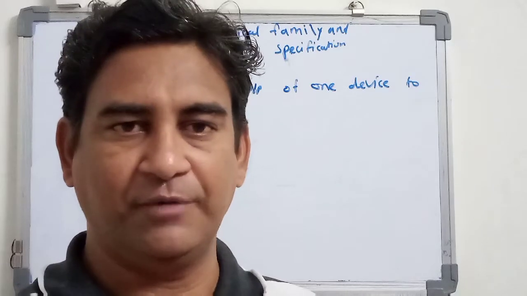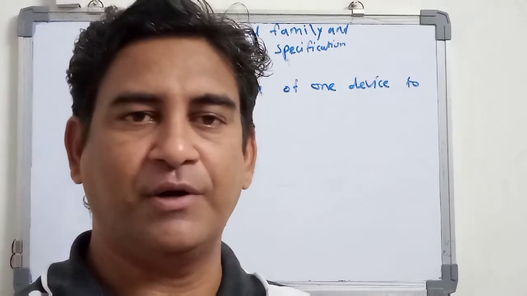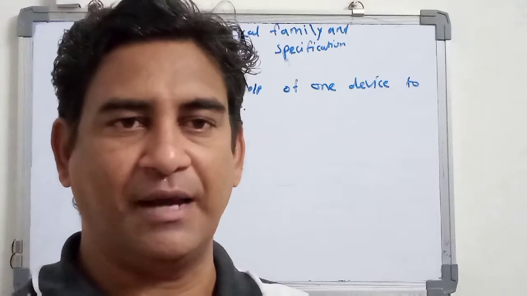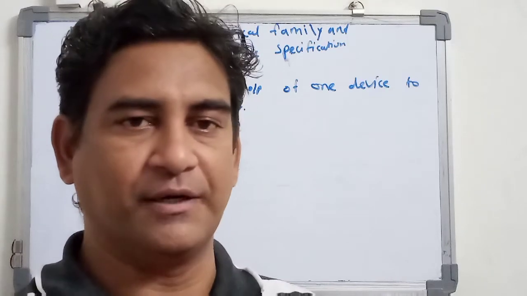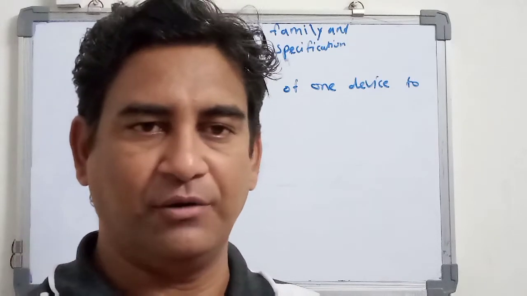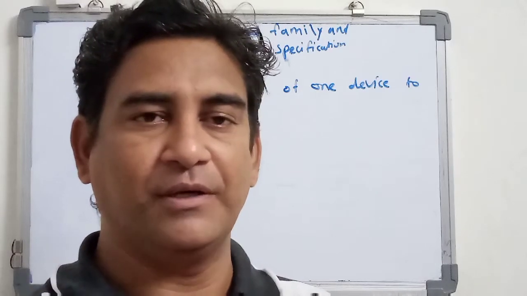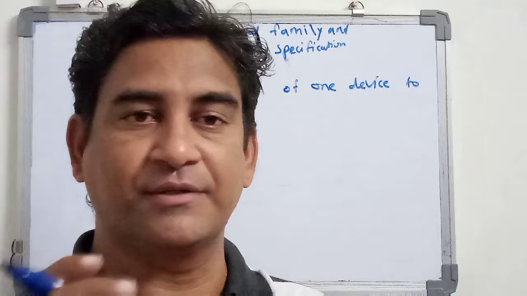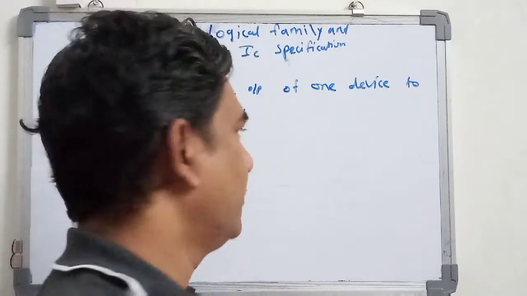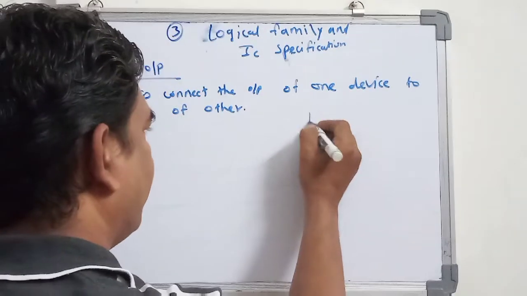In that single chip, different numbers of resistors, diodes and capacitors are inserted, and by using them the IC is built. The IC full form is integrated circuit.